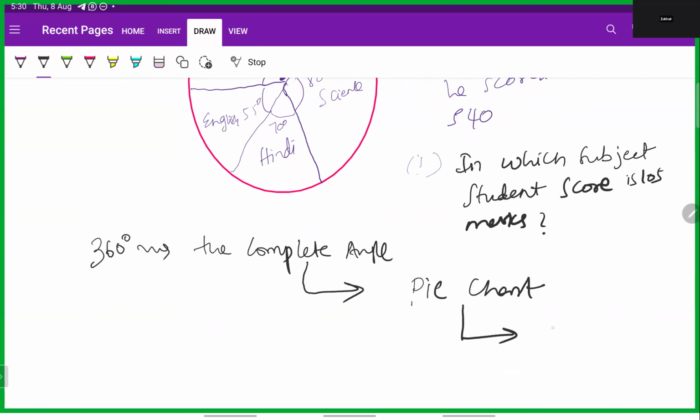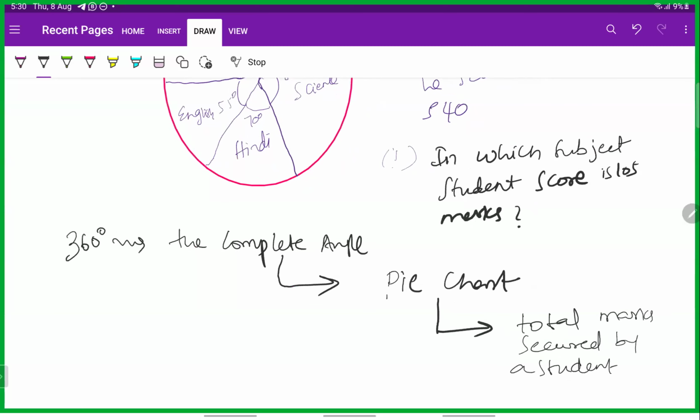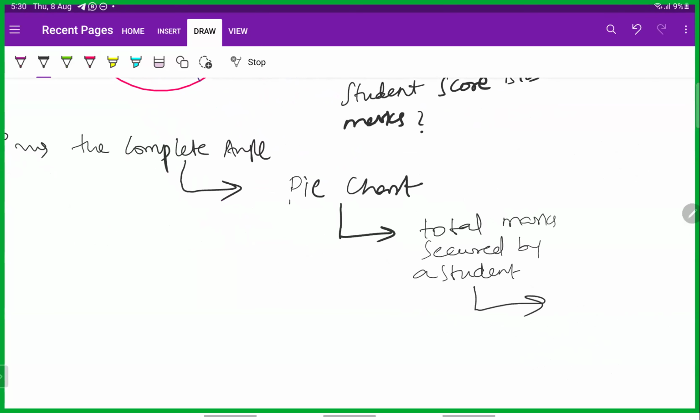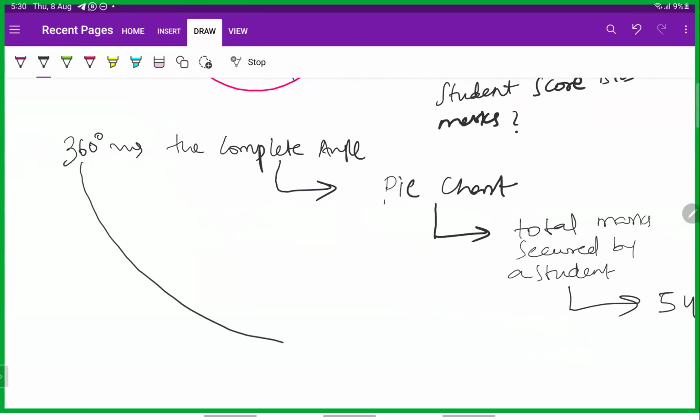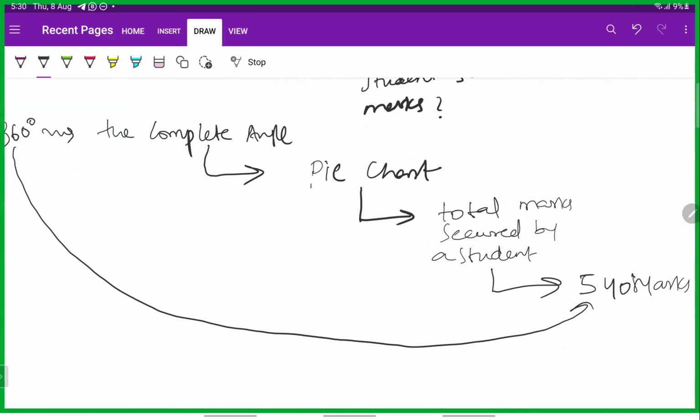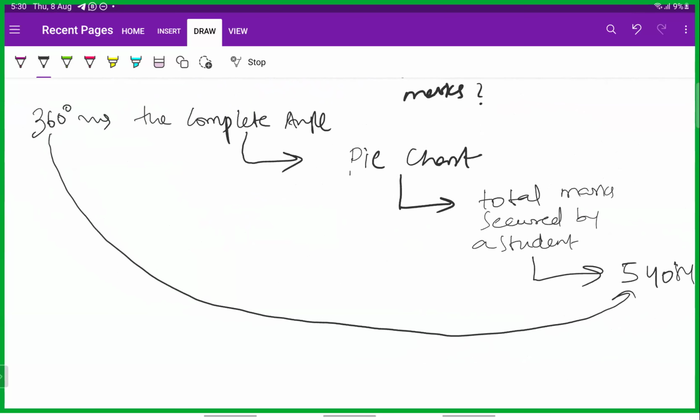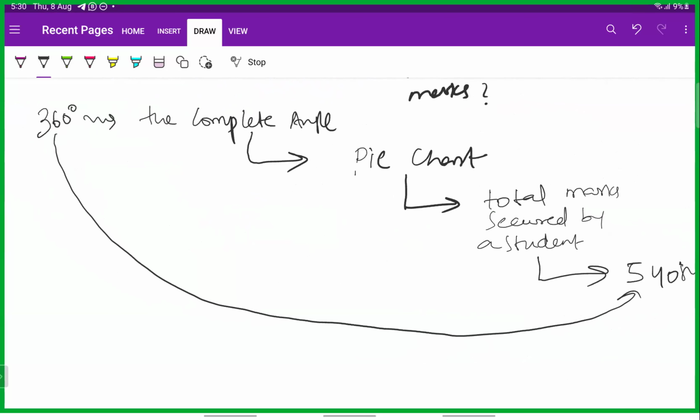And this pie chart is representing the total marks secured by a student. And that total marks secured by a student is 540 degrees. Sorry, 540 marks. Yes, sir. Total marks will be 540 marks. So this 360 degrees is completely equal to 540 marks.